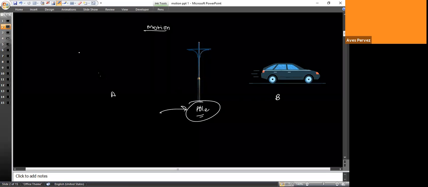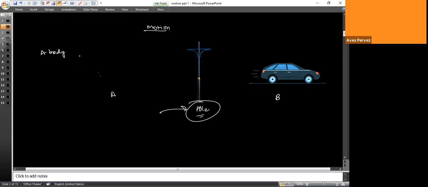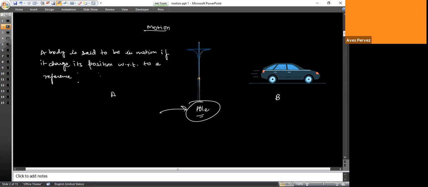I'm repeating my statement: a body is said to be in motion if it changes its position with respect to a reference point in time t.